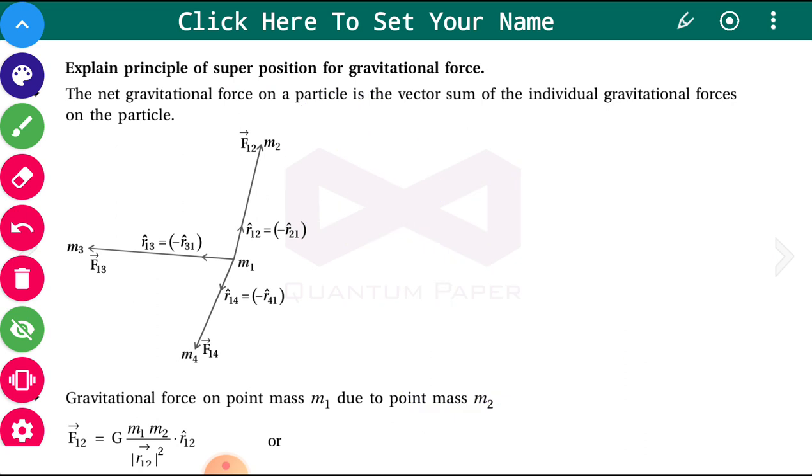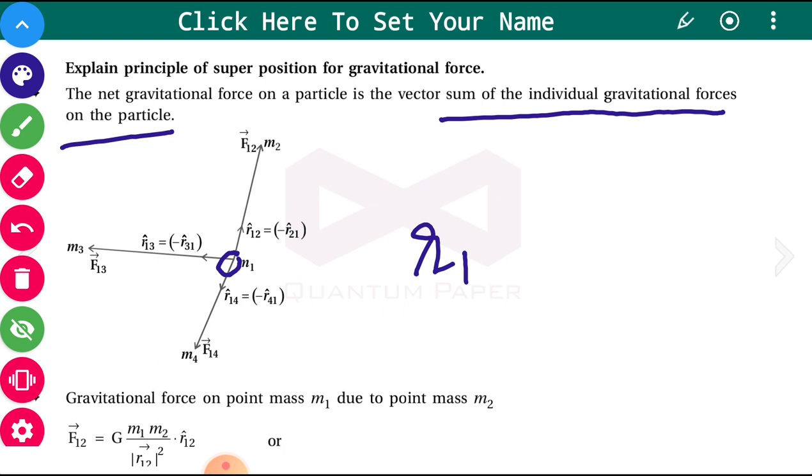Now see, the net gravitational force on the particle is the vector sum of the individual gravitational forces on the particle. We consider this first particle here; its position vector will be r1.